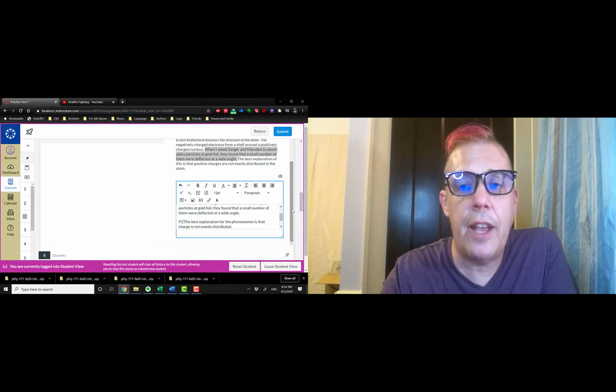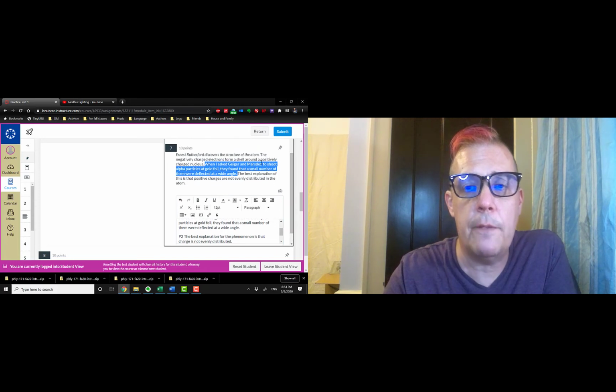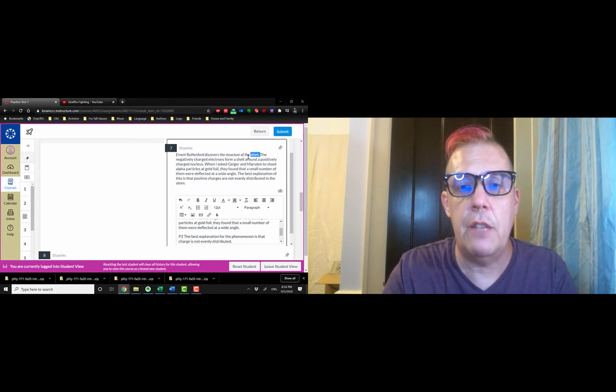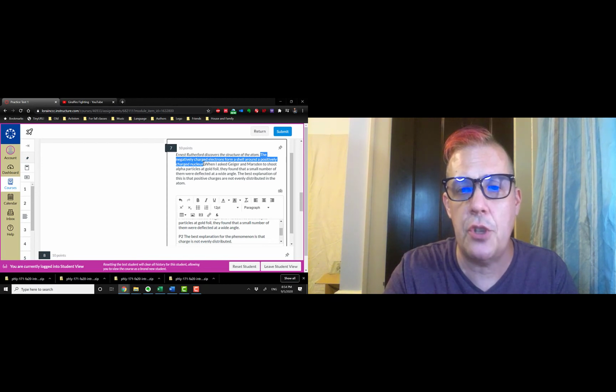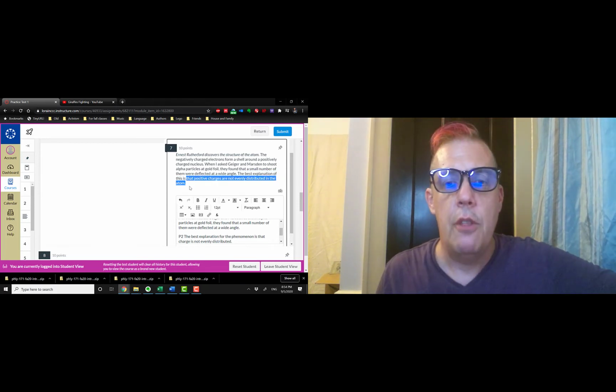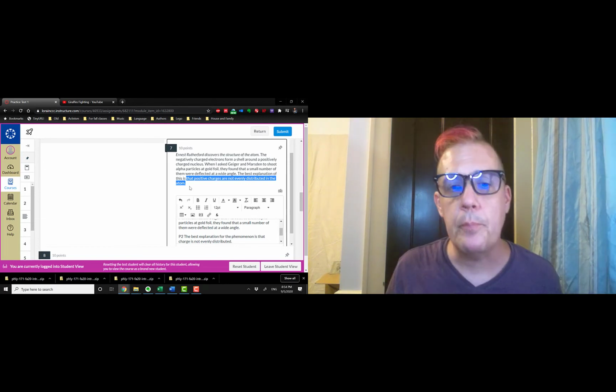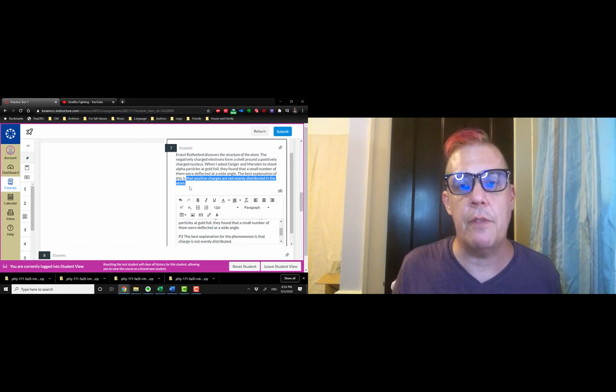This one actually has a premise, the conclusion first and last. The negatively charged atoms form a shell around the positively charged nucleus, and the best explanation, and positive charges are not evenly distributed across the atom. Those are both basically statements of the conclusion.